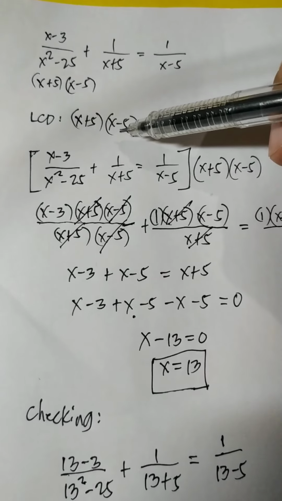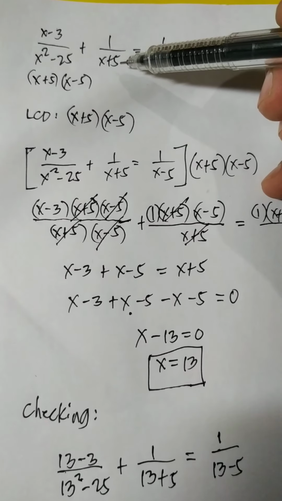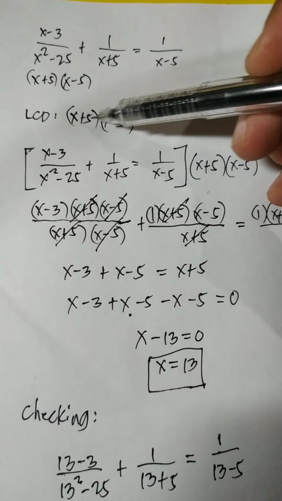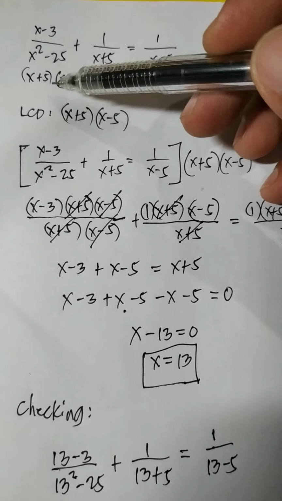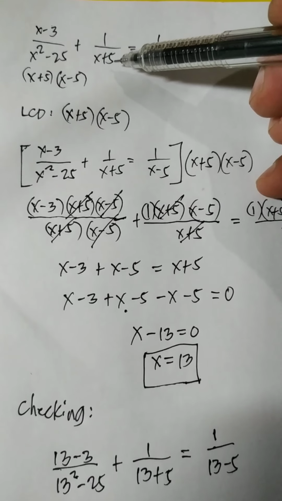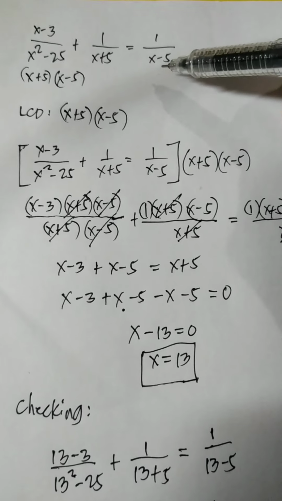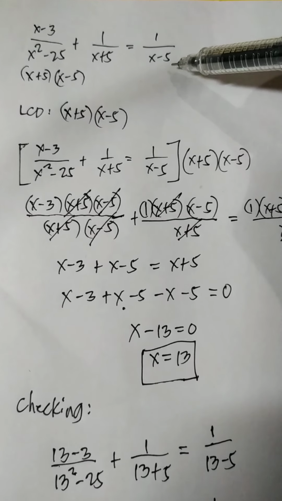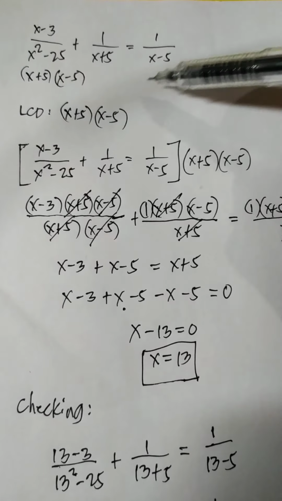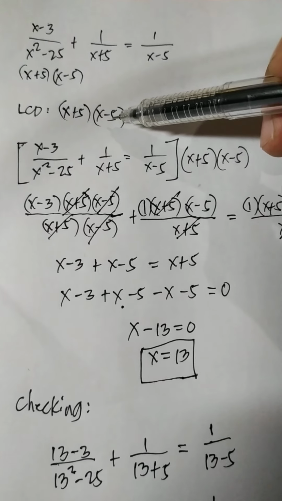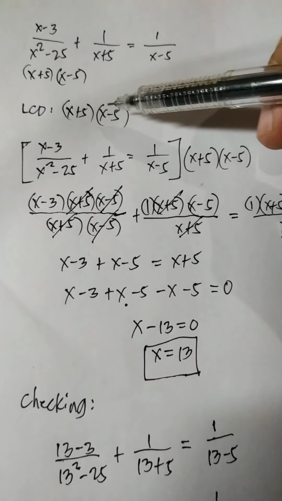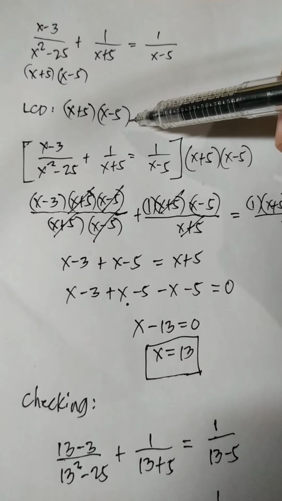Next is x plus 5, but since x plus 5 is already in the factor, we don't need to write it again. Same with x minus 5, since it is already a factor. So our LCD will be x plus 5 times x minus 5.